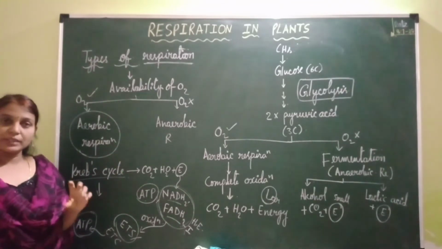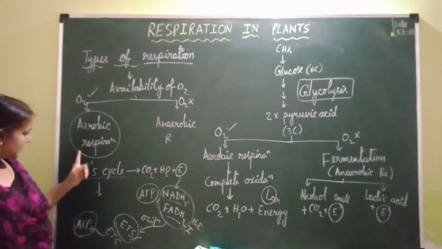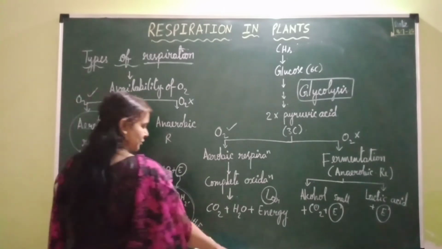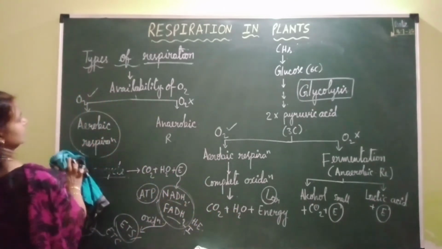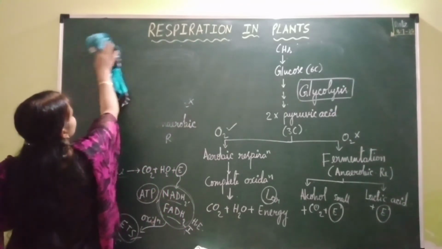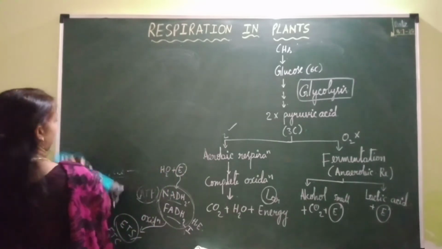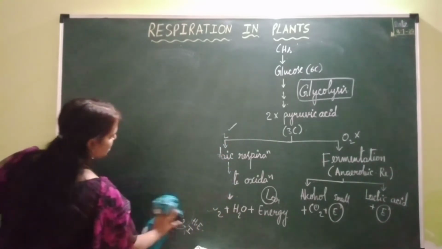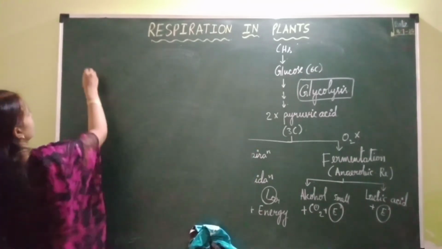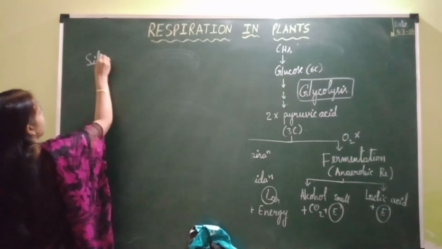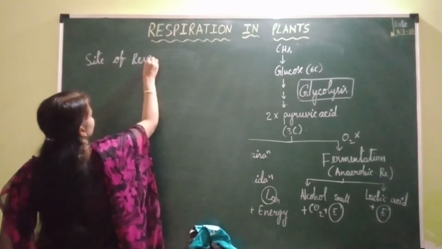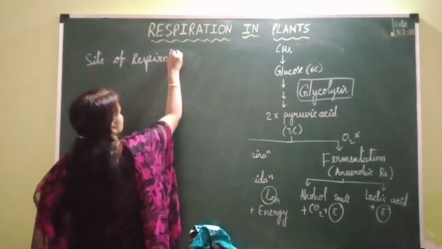Now I am going to give you the sites where all these pathways occur, that is glycolysis, Krebs cycle, ETS and even fermentation. Site of respiratory pathways.